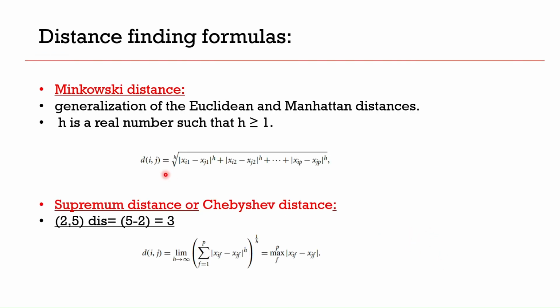And the Minkowski distance is a generalization of the Euclidean and Manhattan distances. Here h is a real number such that h is greater than or equal to 1, and we can use any real number as given in the question. The last one is the supremum distance, or Chebyshev distance. It takes the maximum value from the differences.